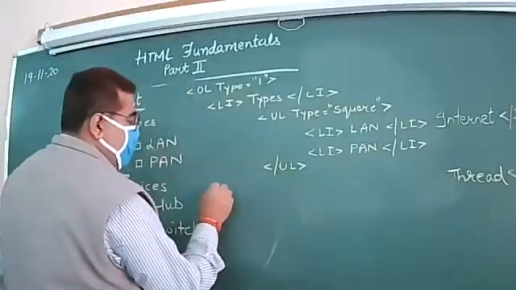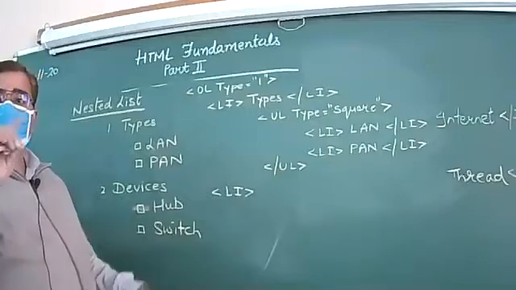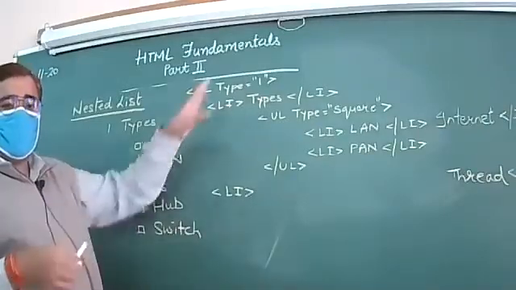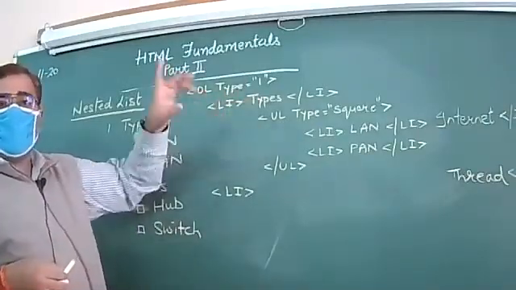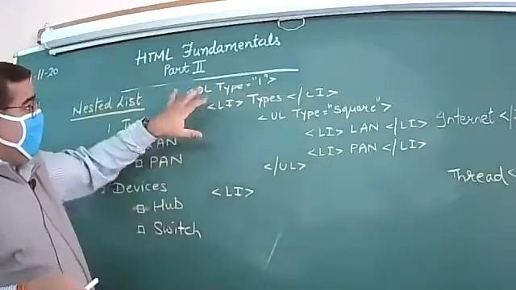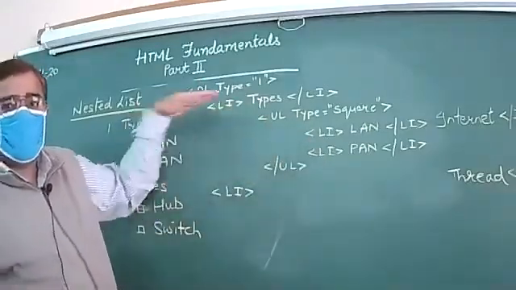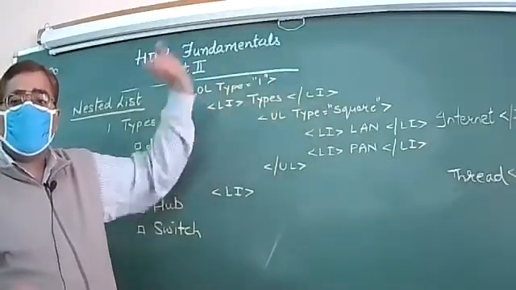Now moving to again li, and see the way I am writing the coding. This is the mistake you always commit in your exams. That is why your marks are cancelled. See the hierarchy I have followed. Every tag is little bit inward than the previous tag.